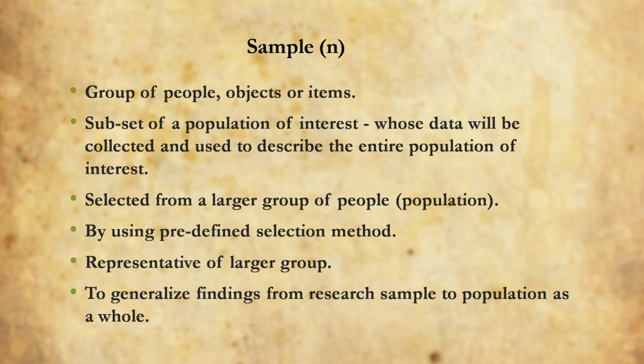It is selected from a larger group of people, that is the population, using a predefined selection method. Now, this sample is the representative of the larger group. It helps us to generalize the findings from the research sample to the population as a whole.